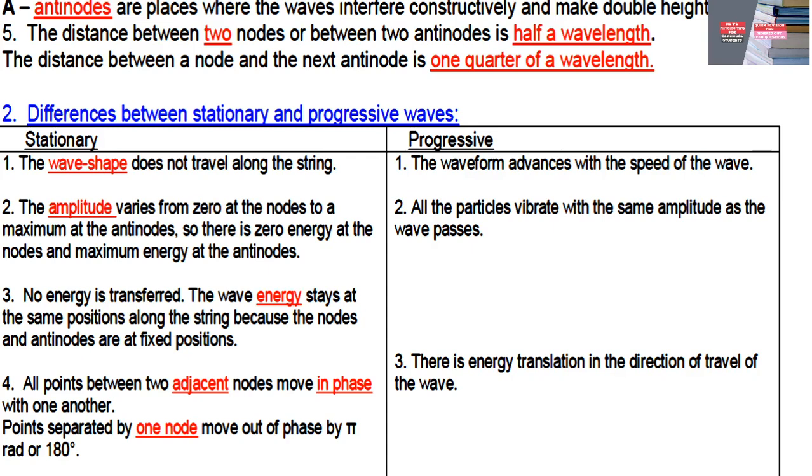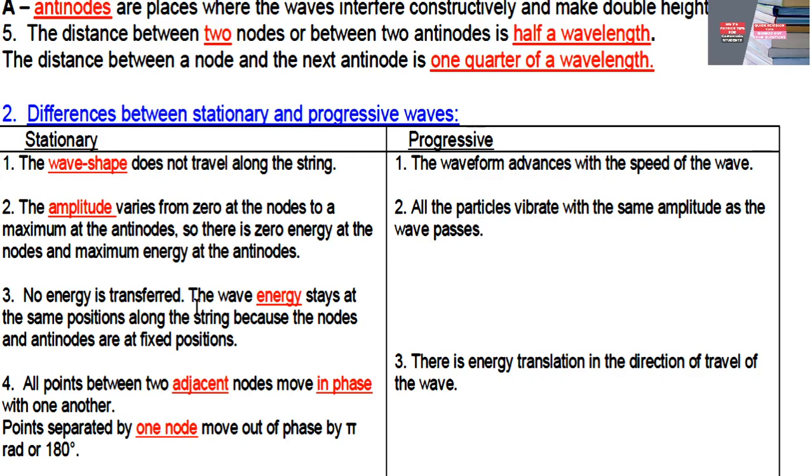Whereas in a progressive wave, the waveform advances with the speed of the wave. In a stationary wave, the amplitude varies from 0 at the nodes to a maximum at the antinodes. So there is zero energy at the nodes and maximum energy at the antinodes. Whereas in a progressive wave, all the particles vibrate with the same amplitude as the wave passes.